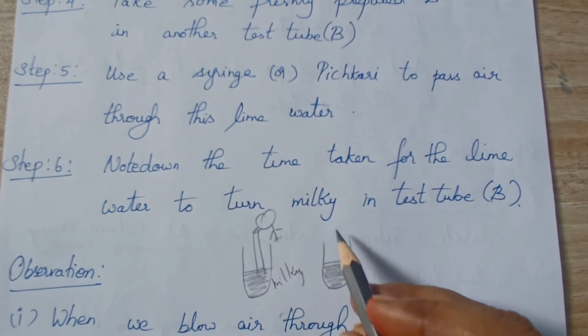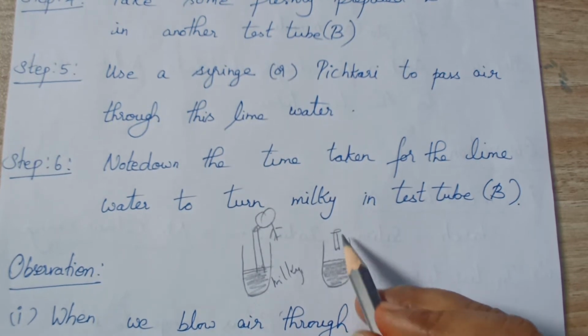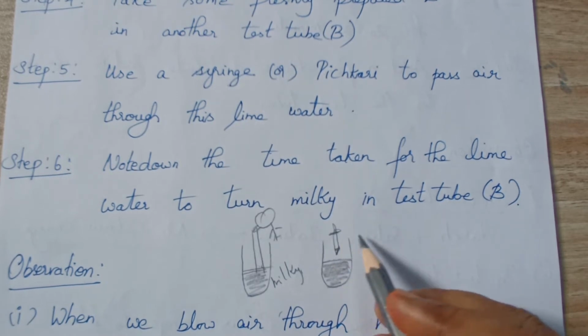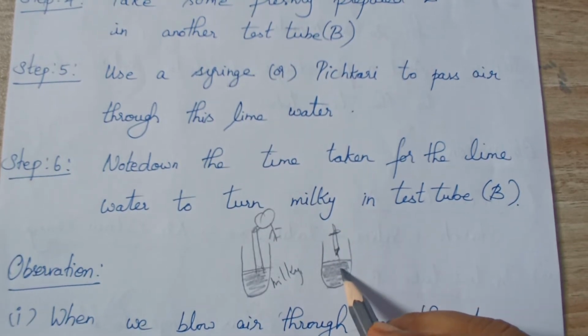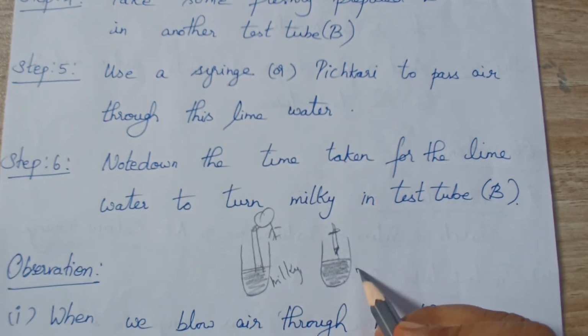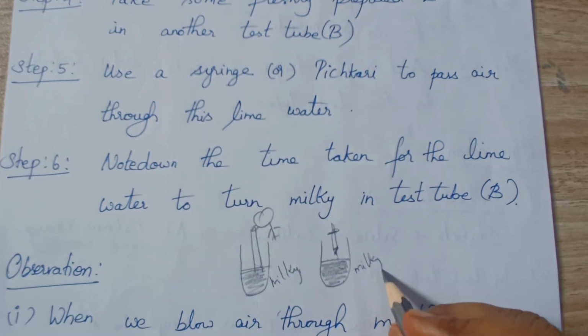Here you are going to use a syringe-like or pichkari pump-like structure to pass the air into that, and you are going to note down how much time it will take to turn this lime water milky.